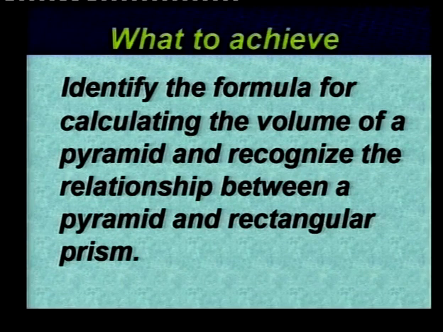But in this case, it is a pyramid and a prism, because any prism has a different shape of base. It doesn't have to be rectangular only, but any prism at all. So we are going to be seeing the difference between a pyramid and a prism.